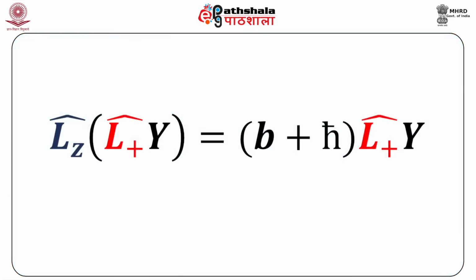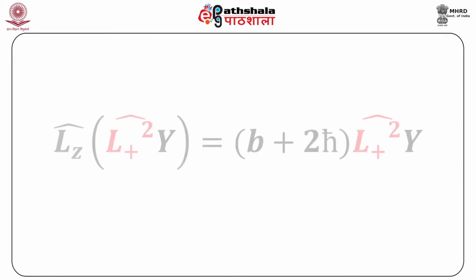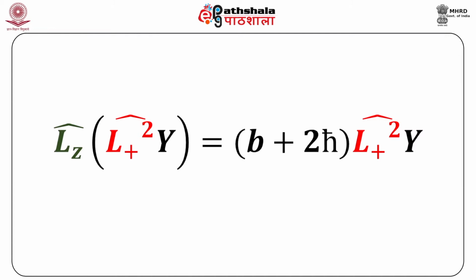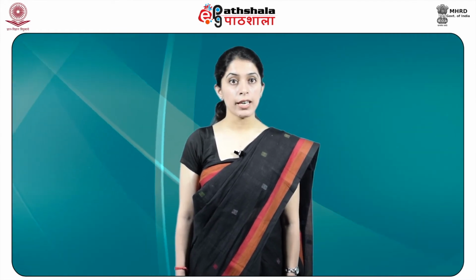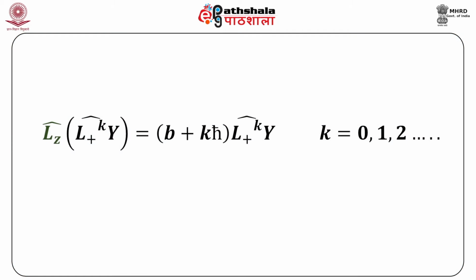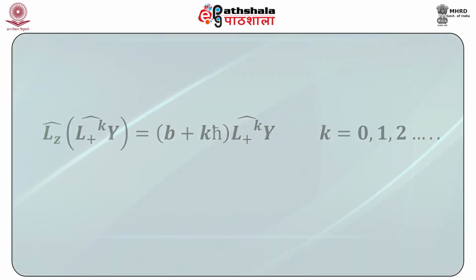That means application of raising operator to the equation Lz L plus ψ equals (b plus ħ) L plus ψ gives Lz L plus square ψ equals (b plus 2ħ) L plus square ψ. Repeated application of raising operator gives the expression Lz (L plus)^k ψ equals (b plus kħ)(L plus)^k ψ, where k can take up values 0, 1, 2, 3 and so on.